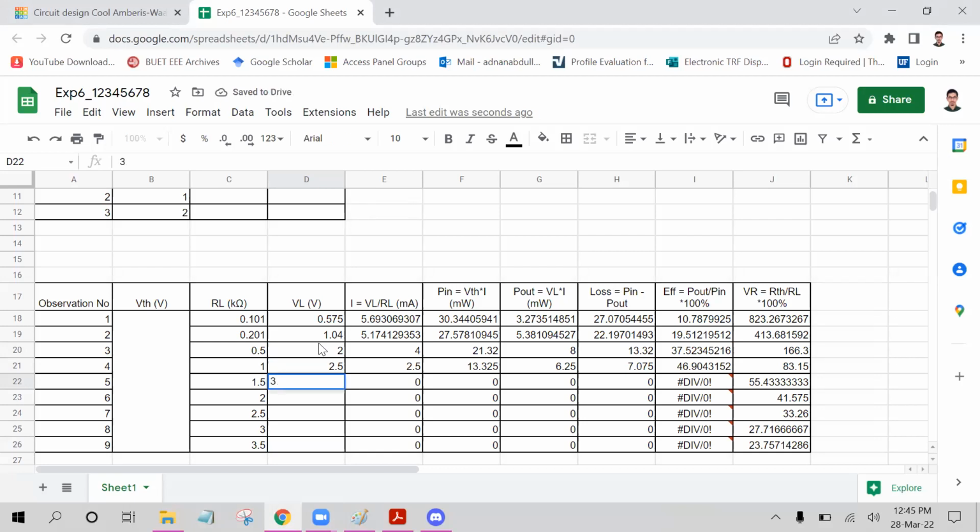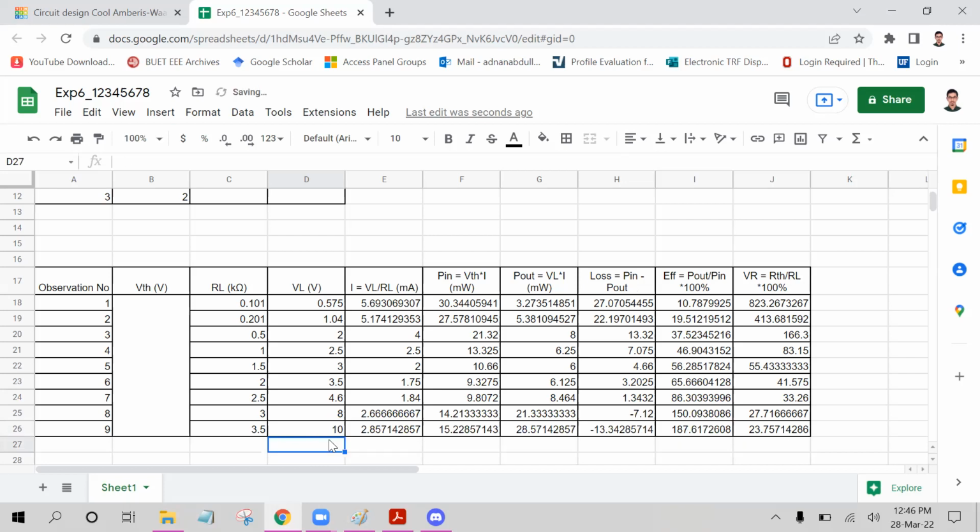Just now observe the three, 3.5. Okay, ঠিক আছে. Okay, so these are some random values.